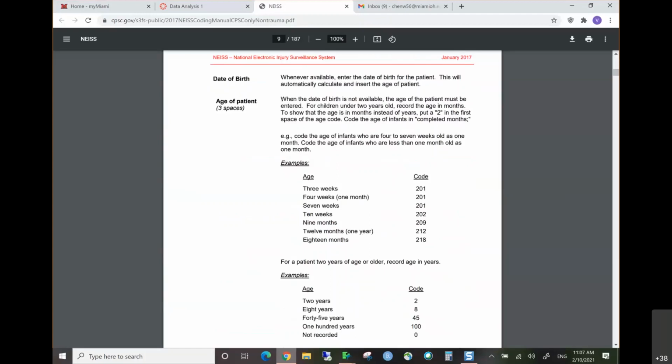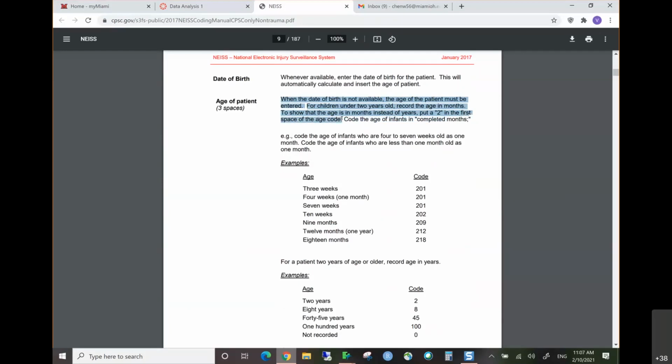So we say when the date of birth is not available, the age of the patient must be entered. For children under 2 years old, record the age in months. To show that the age is in months instead of years, put a 2 in the first space of the age code.